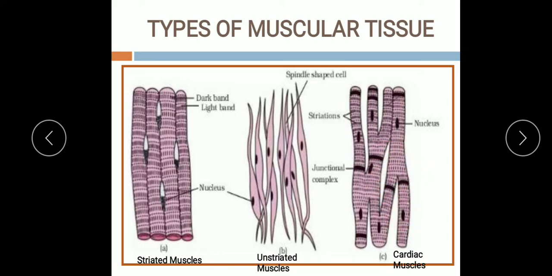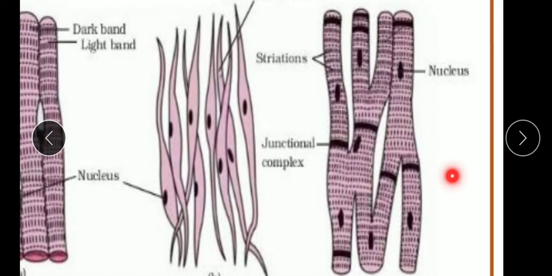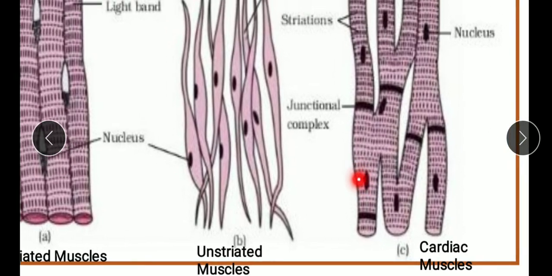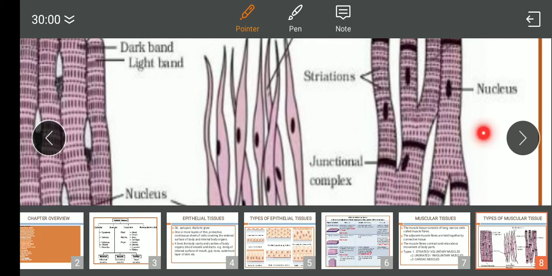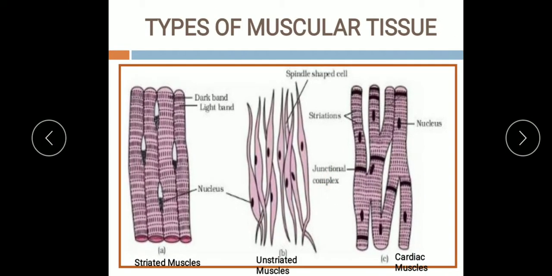And muscle filaments are connected with each other with a dark junction, and these dark junctions are known as the intercalated disc. So you can see these are the junctional complexes. Okay, so muscle filaments are connected with the dark junction and they are known as the intercalated disc.